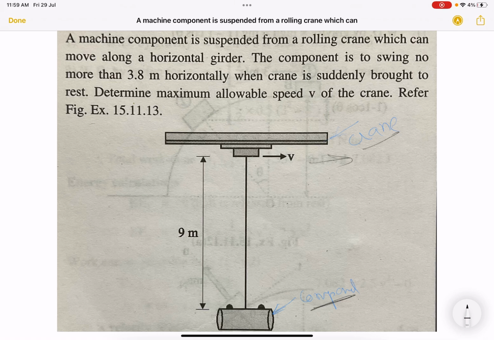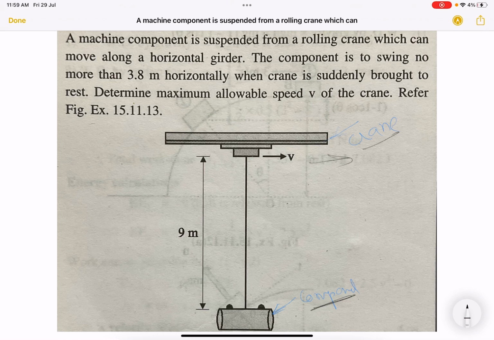Just think about it. Pause this video and think about it. Okay, welcome back. So when the crane is stopped, the component is not going to immediately stop. It would swing a bit, right? It would go ahead because of the inertia. It was moving at a certain velocity v, and the crane has stopped, but there is a string. The component is not rigidly connected to the horizontal girder or the crane.